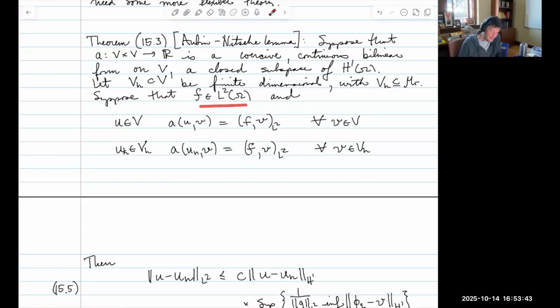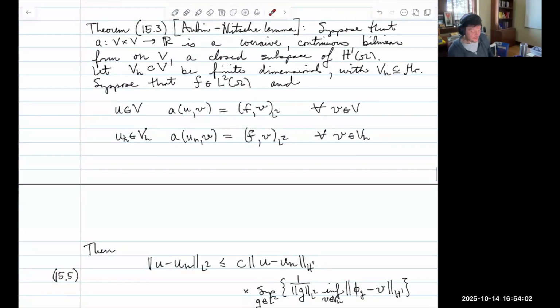Suppose that f is an L2 function, and that u satisfies this problem and u_h satisfies this. So this one is my weak form and this one is the Galerkin approximation.